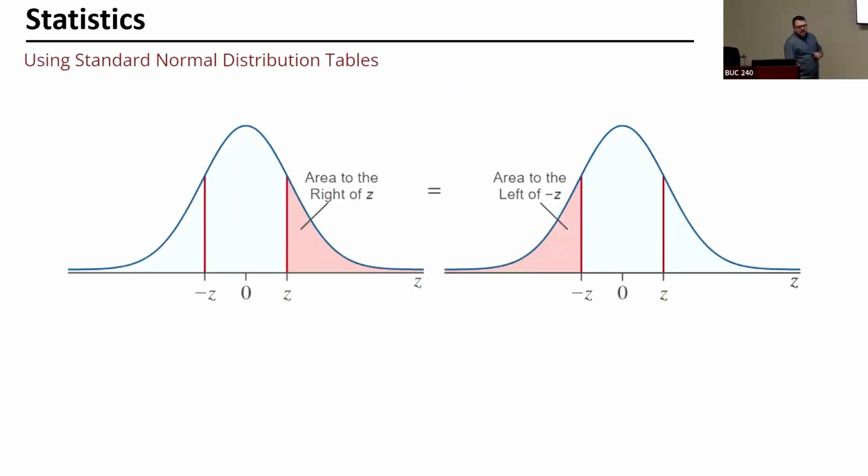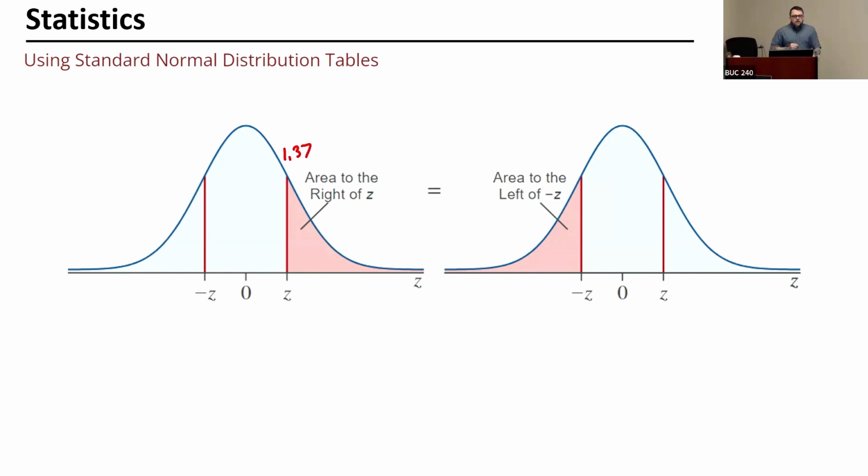Notice when we standardize a normal distribution, what's really nice about it is they're symmetrical. Why does that matter? If you're looking at your table where you forget how to use your calculator, which does happen on the final, your table only takes area to the left. So if I asked you for this z-score right here, we're going to pretend this is a z-score of, let's use the same number, 1.37.